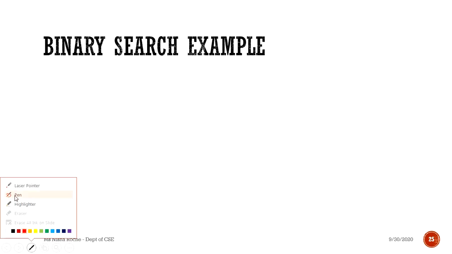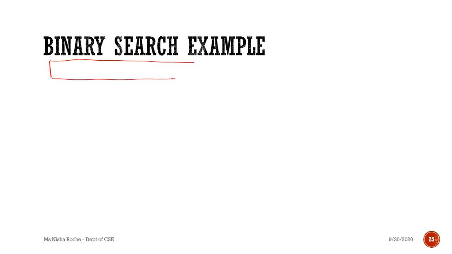Let's solve some problems on binary search. Consider the given array. Let the name of the array be A, and let the elements be 2, 6, 13, 21, 36, 47, 63, 81 and 97.